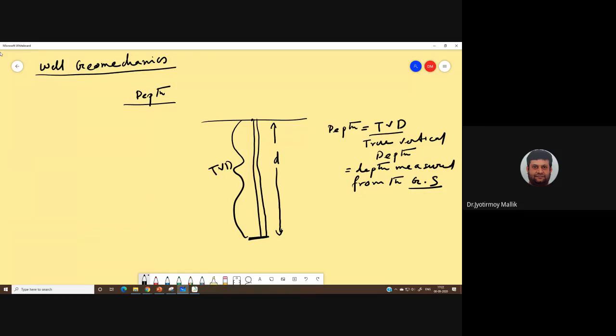Okay, now I can standardize this depth also. This ground level can be standardized with respect to mean sea level as well. So it can be, say, 30 meters above mean sea level, and then I can express my depth taking the mean sea level as the reference, right?